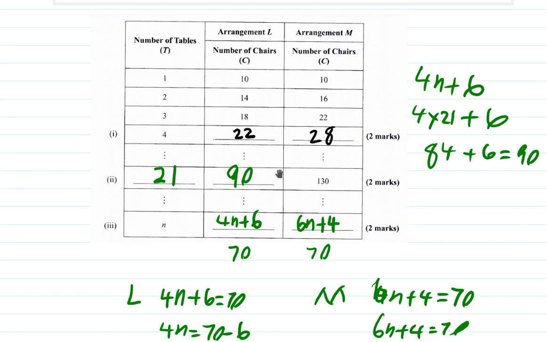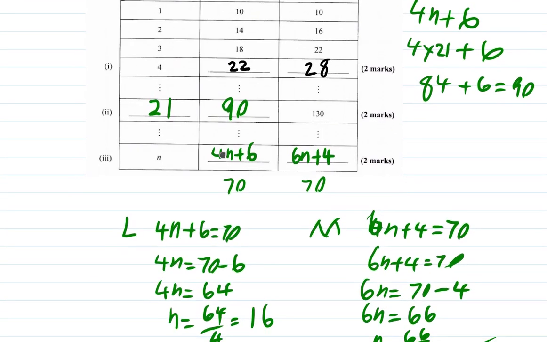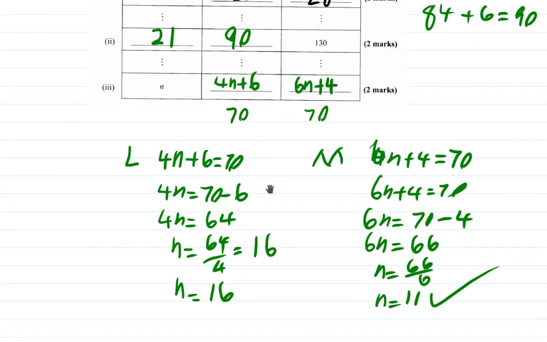Now here, you might look at this and try to figure out the number of tables, but there's only one set of numbers for tables. So it's very much safer to do the calculation first, and then you tell the number of tables.